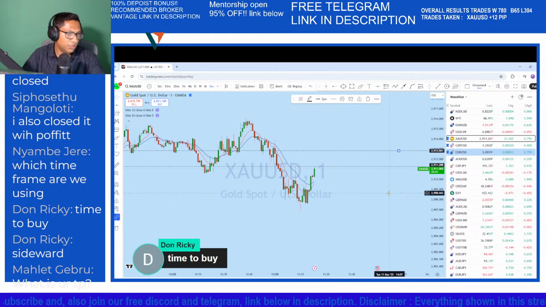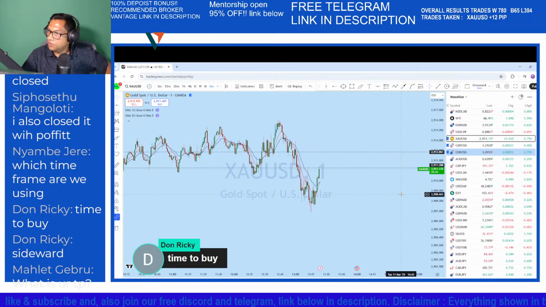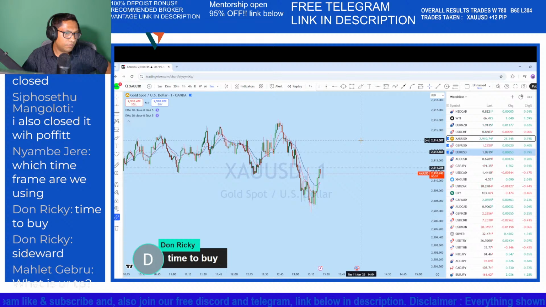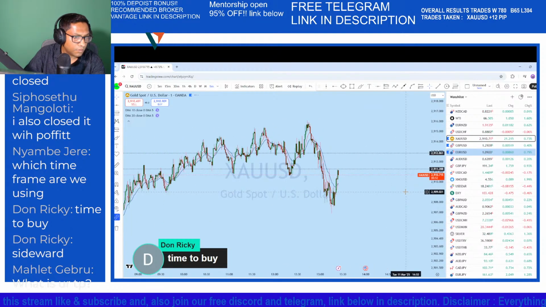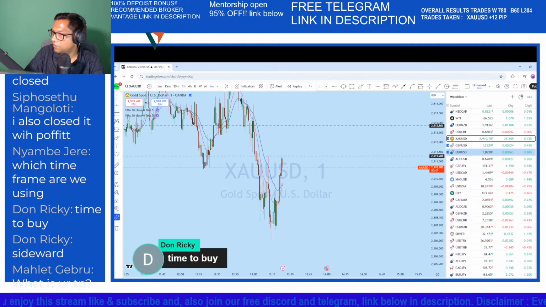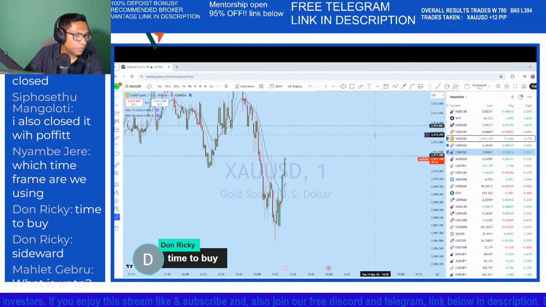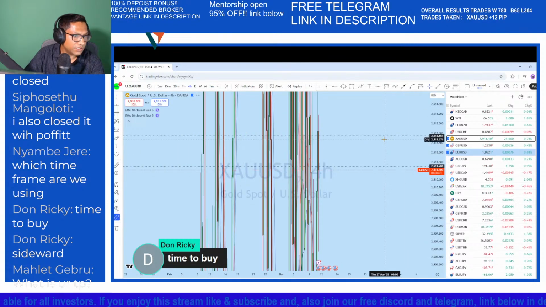As it grabbed the liquidity, we could see that is for the market to... so 4 hour resistance is here.